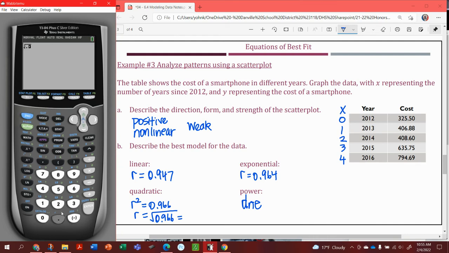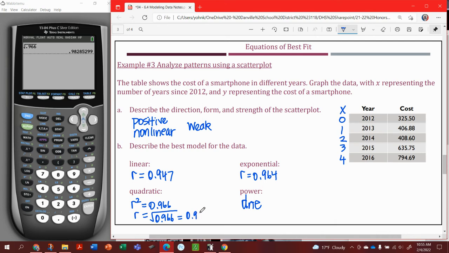I'm going to type in 0.966, and it's going to give me an R value of 0.983. Well, according to the R values, the quadratic function is the better model because it has the highest R value. So the best model is going to be quadratic.